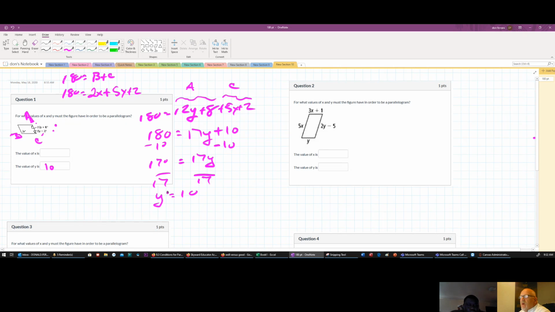Now, what do we know that y is equal to? y equals 10. So we got 180 equals 2x plus 5 times what? 10. Plus 2, right? So now we've got 180 equals 2x plus 50 plus 2.